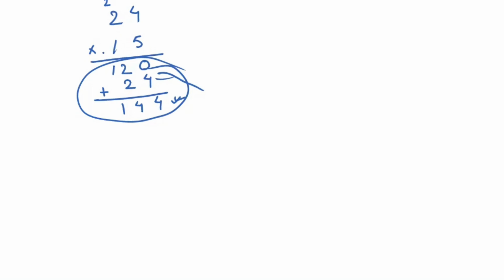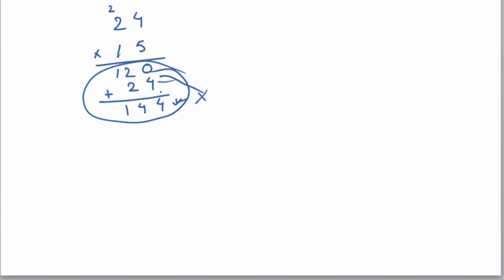So when multiplying tens, you must shift left. And here I didn't shift to the left. So if we do it like this, it will be wrong. If we do not shift toward the left and do not place a 0 placeholder, then our multiplication is wrong.